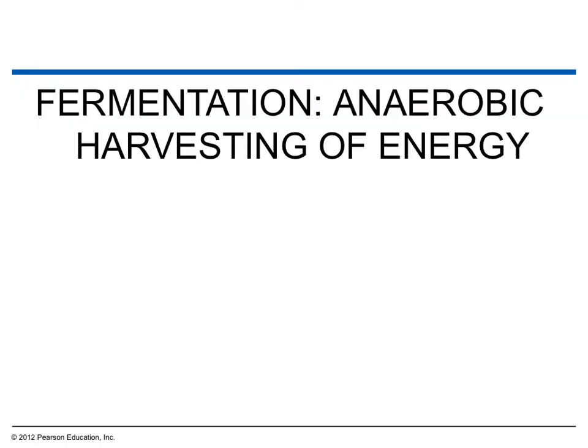Okay, so in parts 1 and 2, we spent a lot of time understanding the process of cellular respiration. And sometimes that's called aerobic cellular respiration, and aerobic just means utilizing air, using oxygen. However, there is another way that energy can be produced through the conversion of glucose that doesn't require oxygen, and it's called anaerobic.